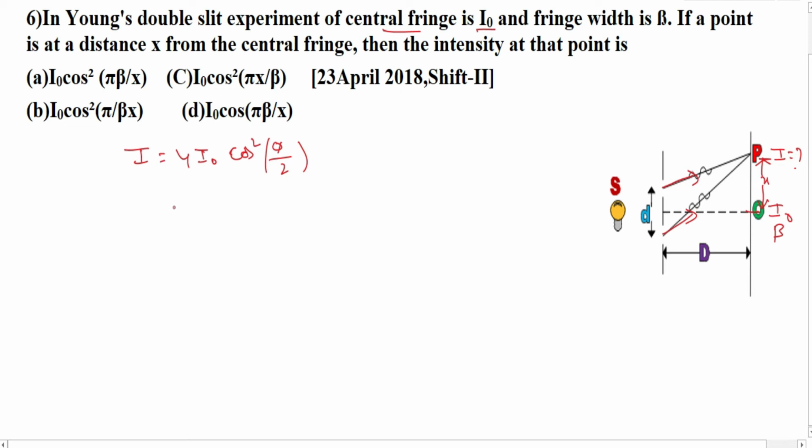Now this phi can be written as phi is equal to 2 pi by lambda into delta x. So path difference can be converted into phase difference by using this formula. Now let us calculate delta x, which is nothing but path difference.